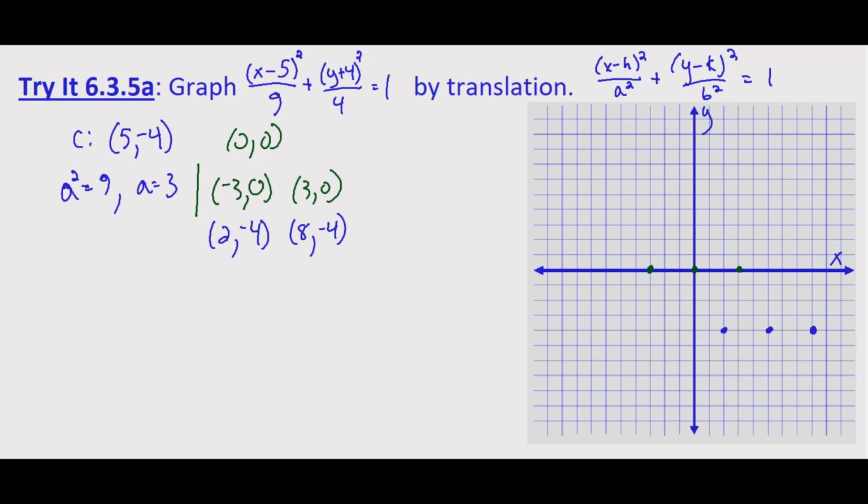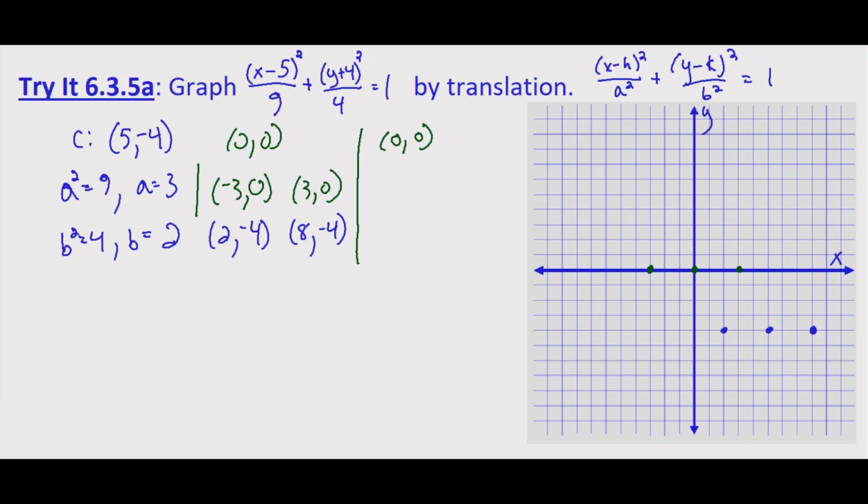Now what about our other axis? From (0, 0), we know that b squared equals 4, so b equals 2.